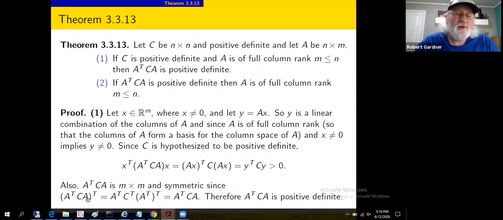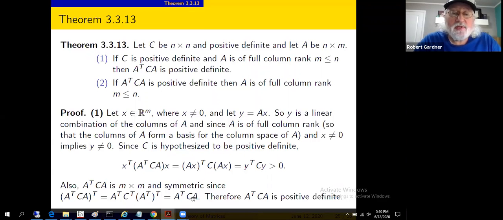Easy. A transpose CA, transpose the whole thing, property of transposes: transpose each constituent and write them down in the reverse order. So we get A transpose first, C transpose in the middle, A transpose transpose at the end. Remember, C was positive definite, so it was symmetric by definition.